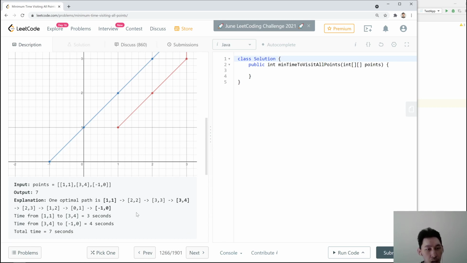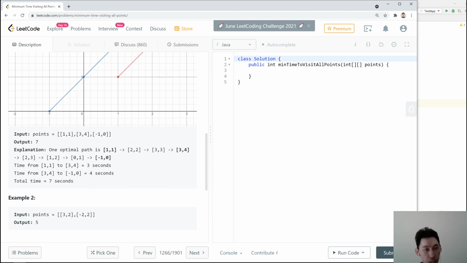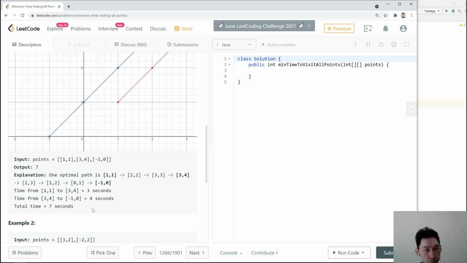Output is 7, and I assume it's the number of moves that we have to make. 1, 2, 3, 4, 5, 6, 7. Well, not counting the first one, because we're starting from there. The next one outputs 5, because it's 3, 2, and -2, 2. So it's 1, 2, 3, 4, 5. Yep, that makes sense.